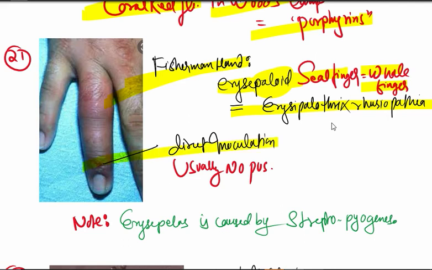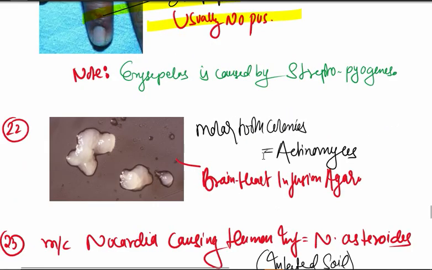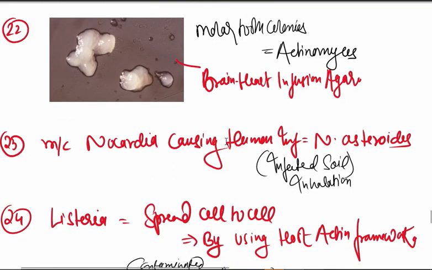There is usually no pus, but we should keep in mind that erysipelas is another entity that is caused by Streptococcus pyogenes.